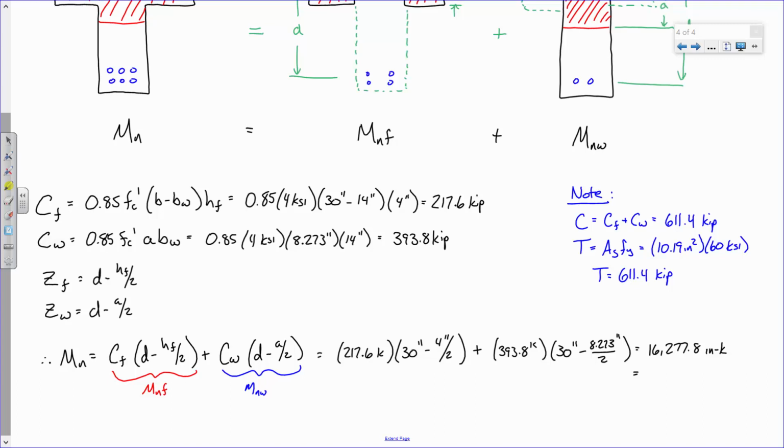And so how many foot kips is that? 1356.5. Okay. Now that's MN, what am I missing? Phi MN, and what was phi? We did that earlier. So phi MN is what? 1220.8.